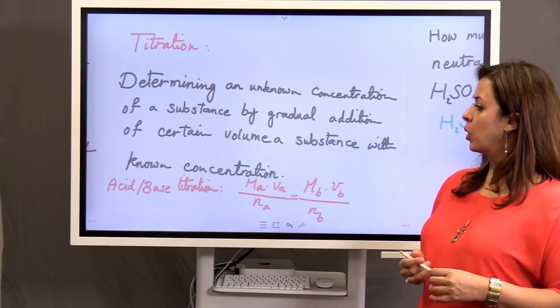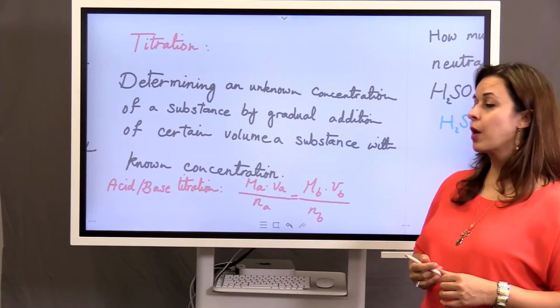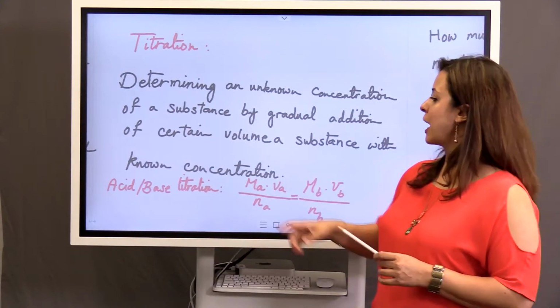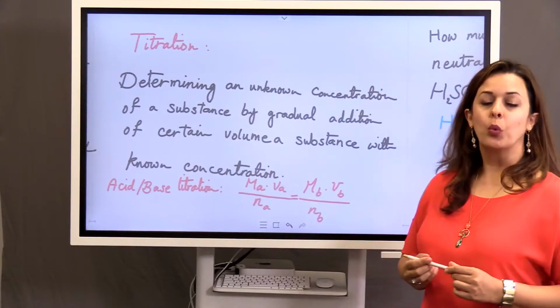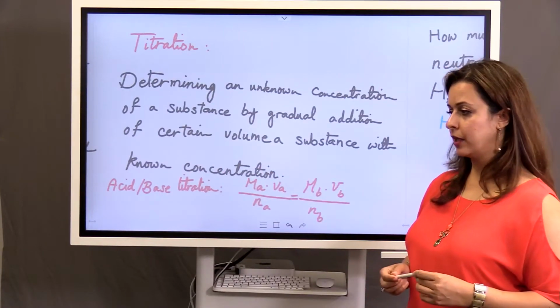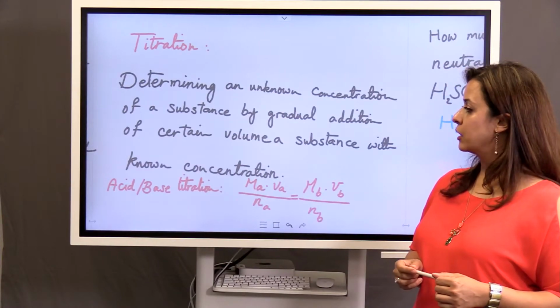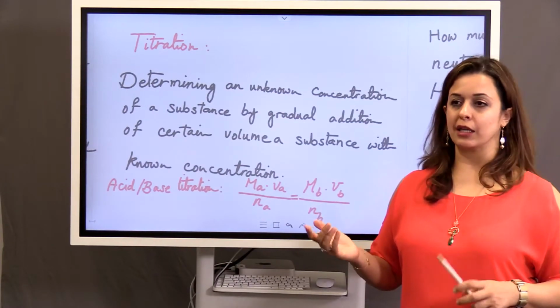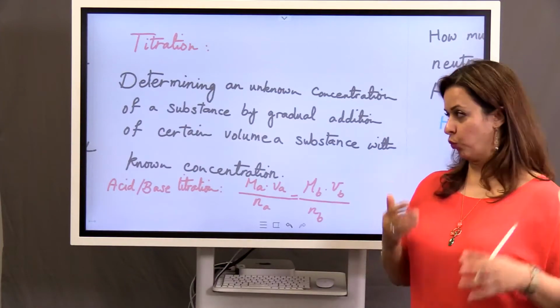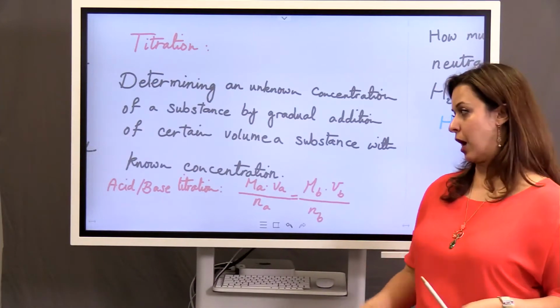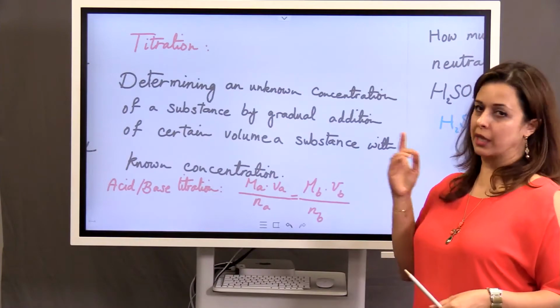The most common type of titration is acid-base titration. You will have an experiment about it in the lab, and this is one of the techniques that any student who has worked in a chemistry lab must have tried at least once.